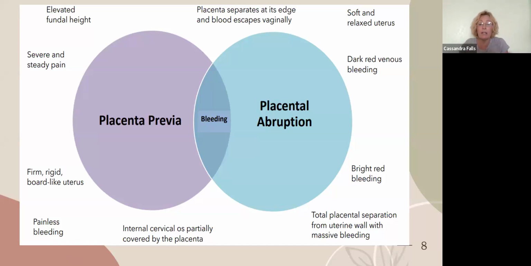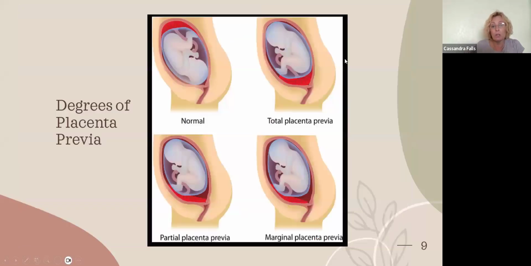So placenta previa, I'm going to flip on to the next slide, looks like this. A normal placenta is going to be attached ideally in the fundus of the uterus, so it's going to be up high.